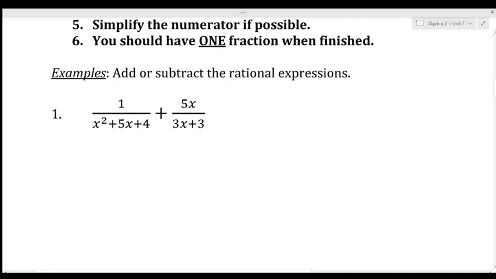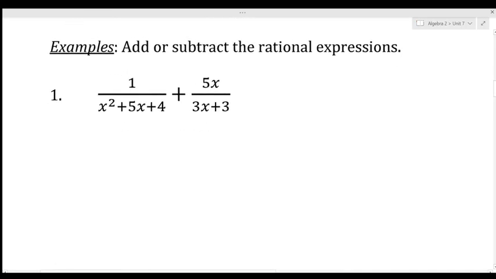Okay, so let's look at number 1. We have 1 over x squared plus 5x plus 4 plus 5x over 3x plus 3. So what I'm going to do here is factor the bottoms. So we get 1 over x plus 4 times x plus 1. That's how you factor the bottom.